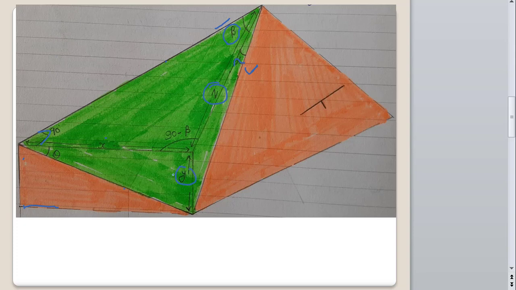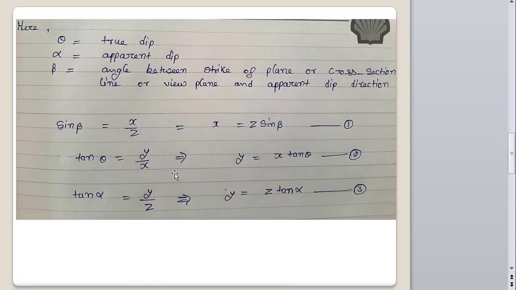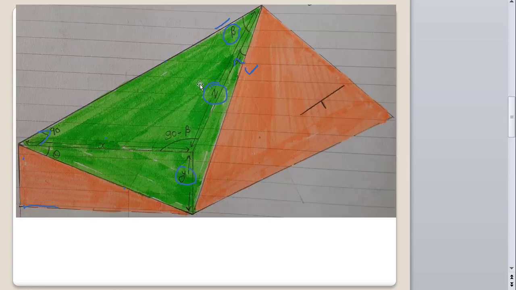We have to apply some trigonometry here. This is simple trigonometry we studied in our school classes. Here sine beta is equal to x upon z. Sine beta is equal to x upon z.